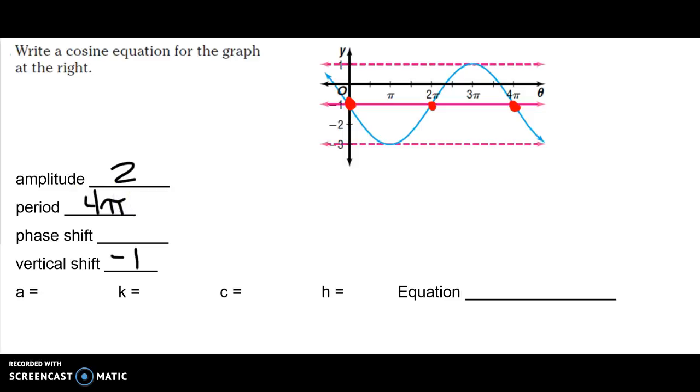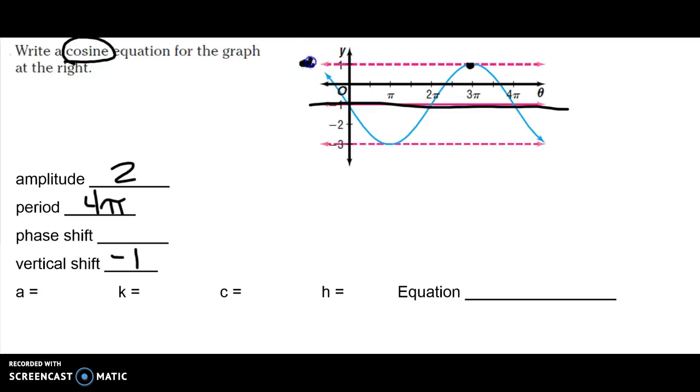Now we're going to figure out our phase shift. If this is a cosine function, now remember we're at the midline, it would start at the top of the range. Well, that is 3 pi. That's a little bit too far to say that that's going to be our phase shift. So let's go the other way and see where it would probably cross over here.